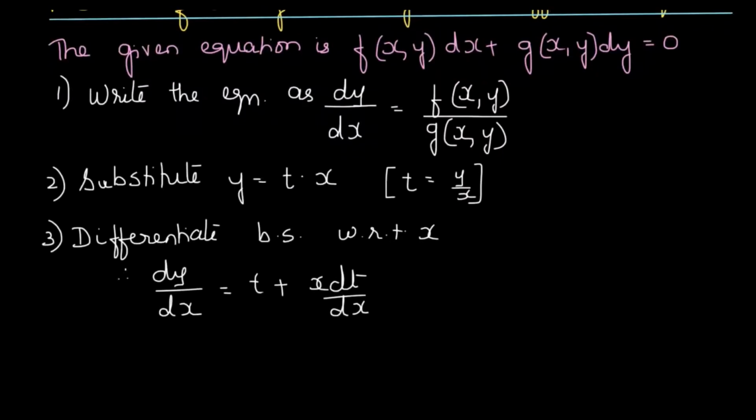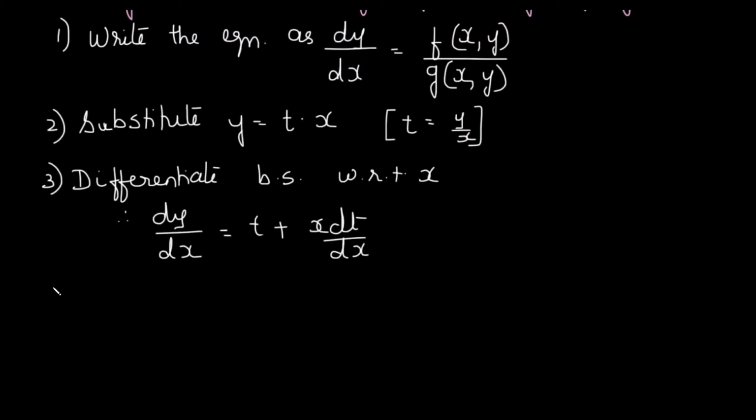Then in the fourth step, we rearrange the equation. See, dy by dx is t plus x dt by dx. So in this equation, dy by dx can be written this way, that is t plus x dt by dx, which is equal to the RHS.